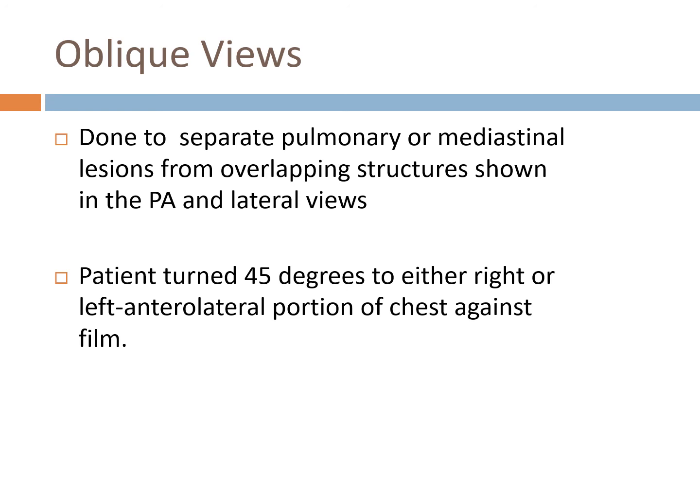Again, it's to help separate the pulmonary or mediastinal lesions from the overlapping structures, to help clarify the location of the abnormality. So the patient is tipped a little bit.